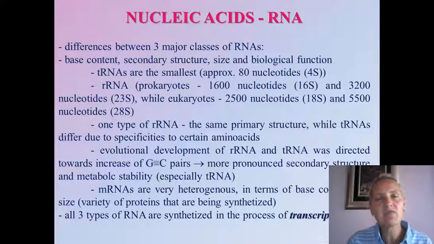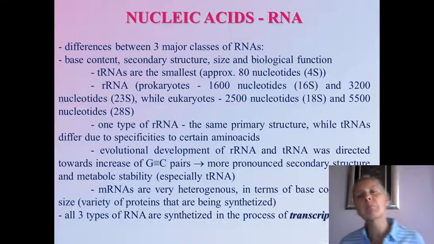So, as I have mentioned, tRNAs are the smallest, and they contain approximately 80 nucleotides, and their size is marked with 4 Svedberg units. I'm going to get to those Svedberg units in the next slide. So rRNA in prokaryotes contains approximately 1,600 nucleotides. You don't have to remember those nucleotide numbers.